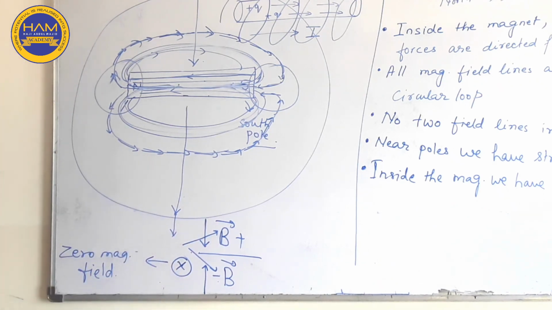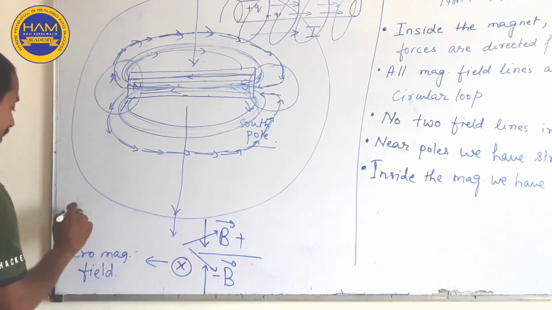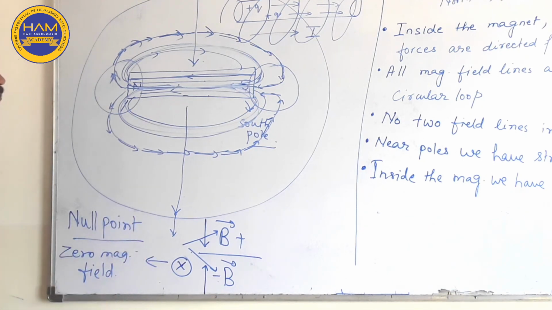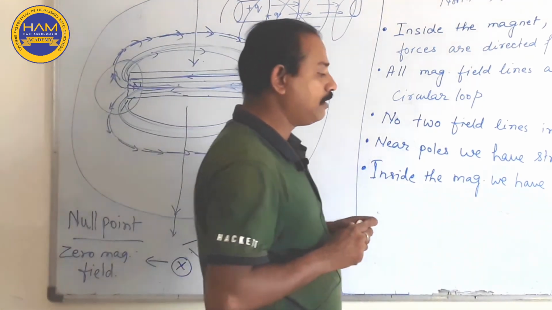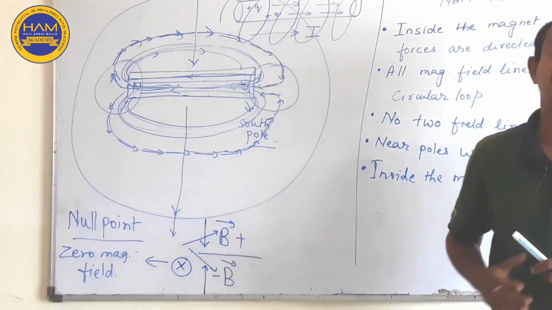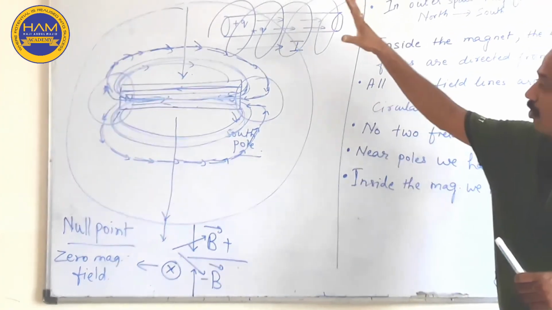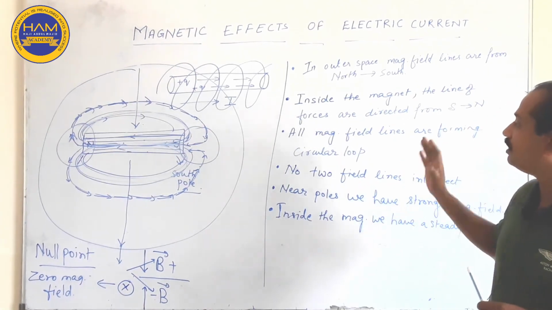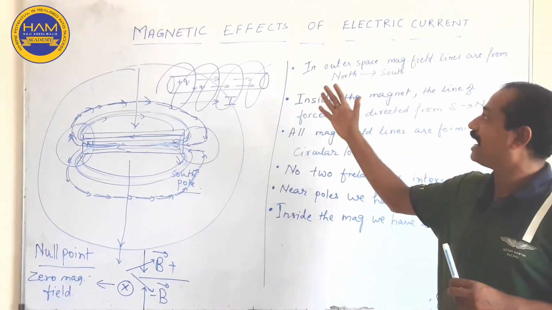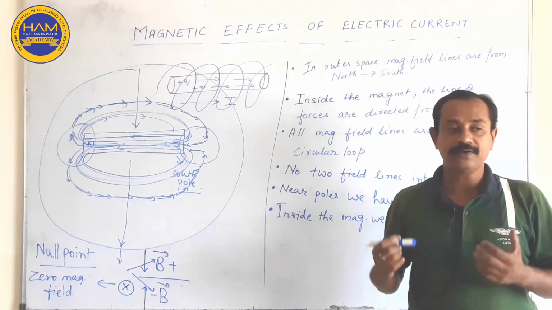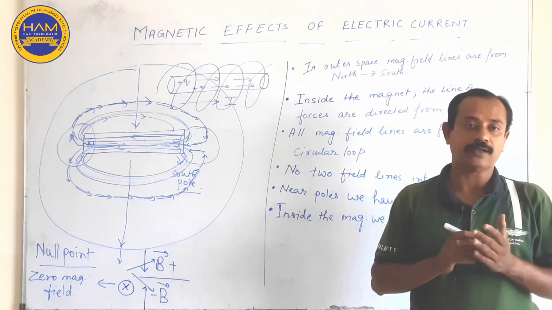This point at which no magnetic field is felt, because both fields cancel each other, is known as the null point of the magnet. So these are some of the basic things about a magnet, and at the null point we have zero magnetic field. Okay, now following these simple things about your magnet, we will focus on the magnetic effects of electric current. We will see how magnetism appears whenever the current is flowing.